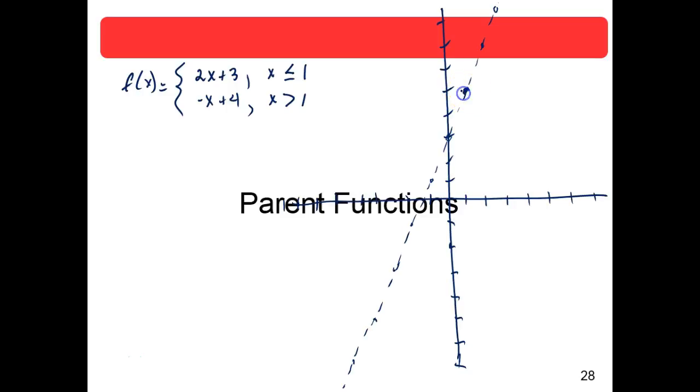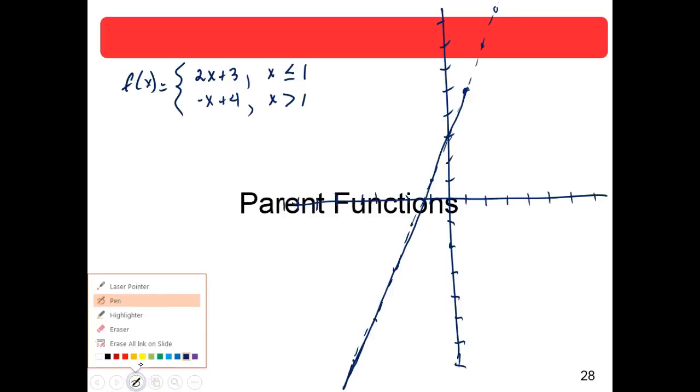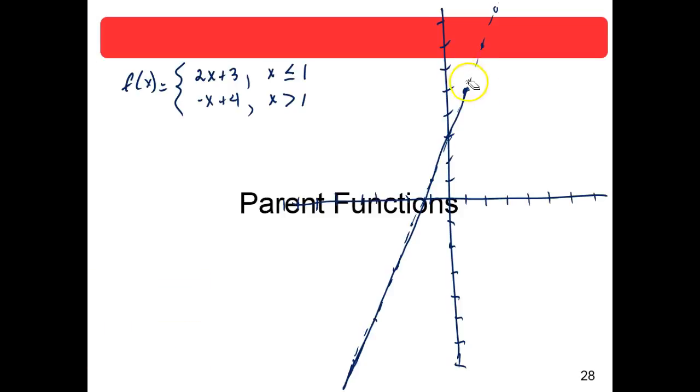And it's equal to it, so I'm going to fill in that dot and then complete my line down here. So all these points are on there, these are not. So I could erase those if I wanted to. I think I will, since I've got a magic pen that will do that easily. So those are not on the function. The endpoint 1 is because of that equal sign.